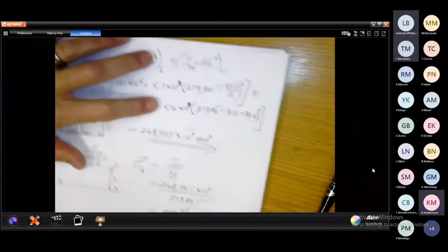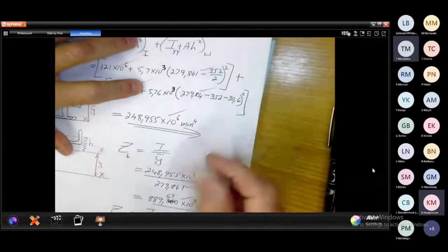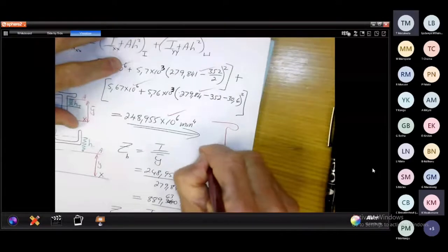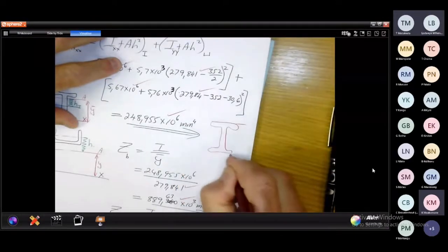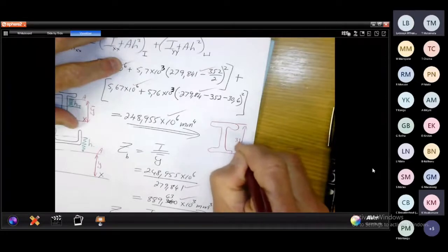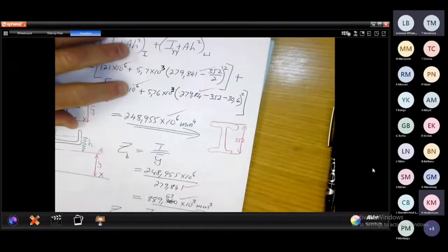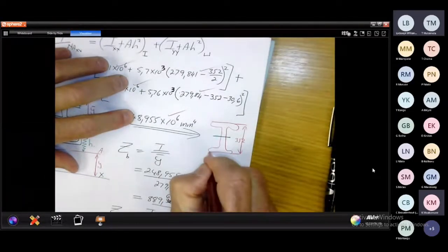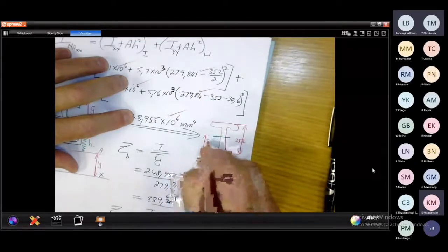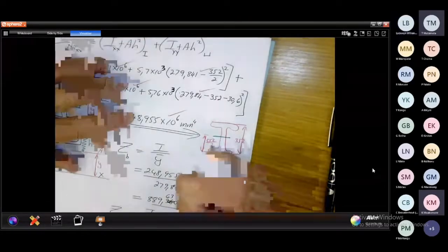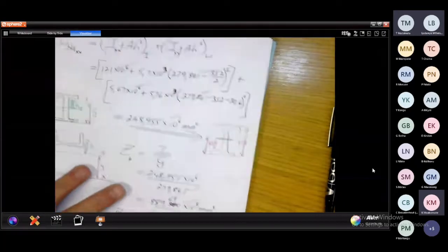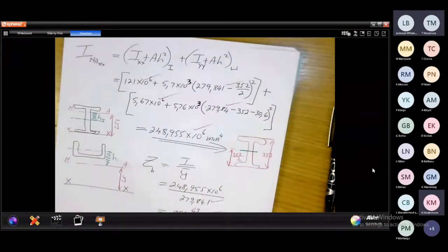Yeah, but because for your I section, the I section height is 352. You agree? His centroid for the I section is right in the center. That means from here to that point is 352 divided by 2. Thanks, sir. Okay. Right. Any other questions?